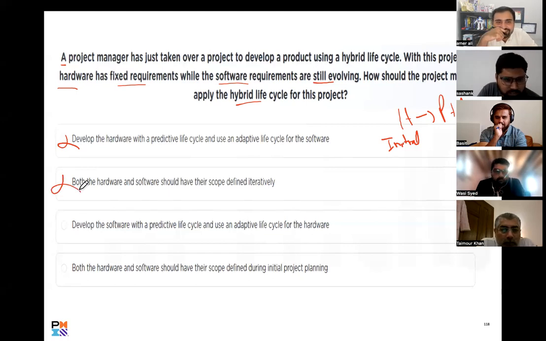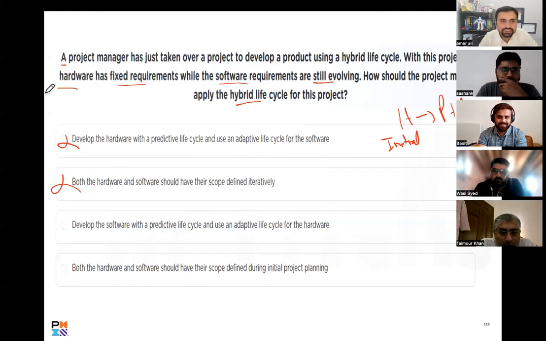Develop the software with the predictive life cycle and use an adaptive life cycle for the hardware.